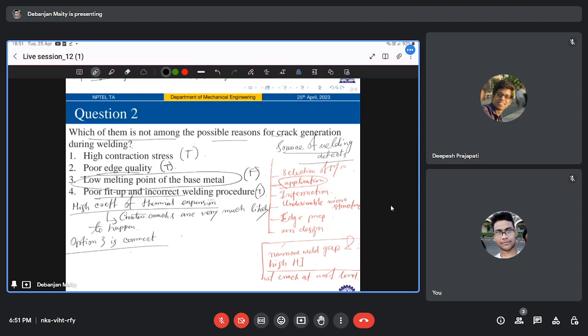Like there is something called insufficient throat. I'll not discuss all the things here. However, I will try to draw some of those incorrect weld profiles. How do they look? So this is something called insufficient throat.